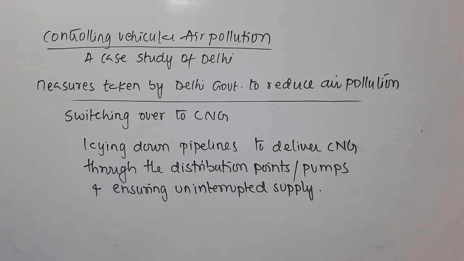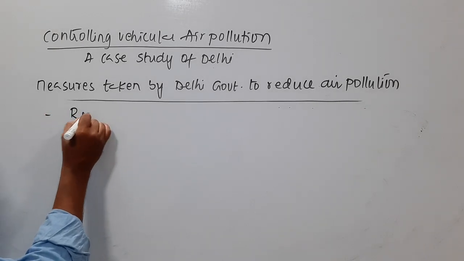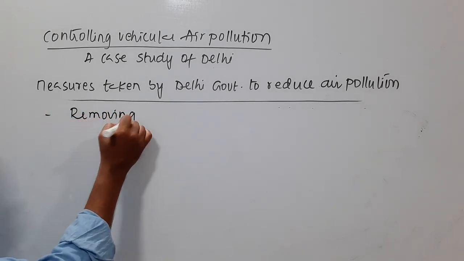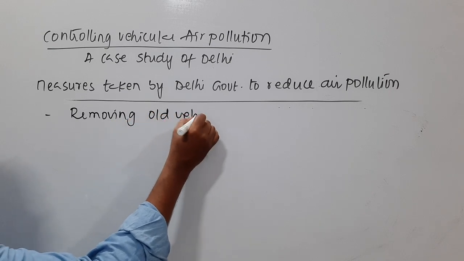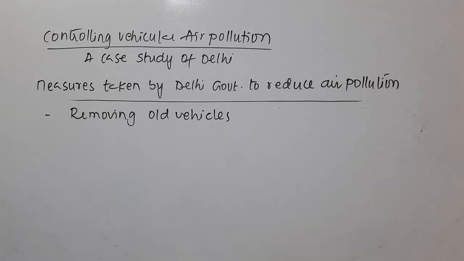Now let us see the other measures the Delhi government has taken to reduce air pollution. The next one is removing old vehicles. Each vehicle has its lifespan. Once that lifespan is completed, those vehicles should not be used, or should be sent for recycling.